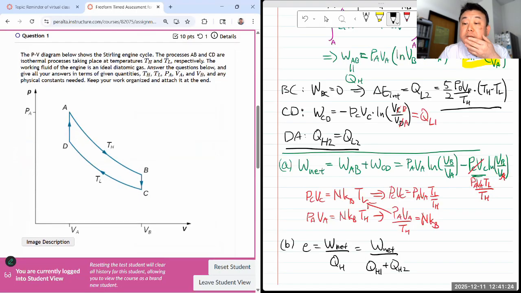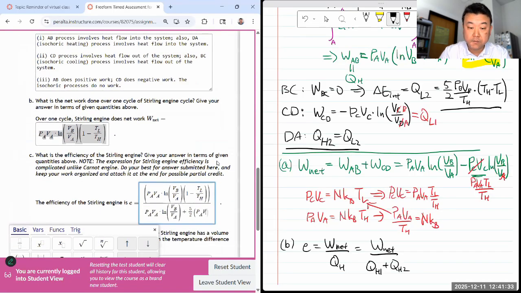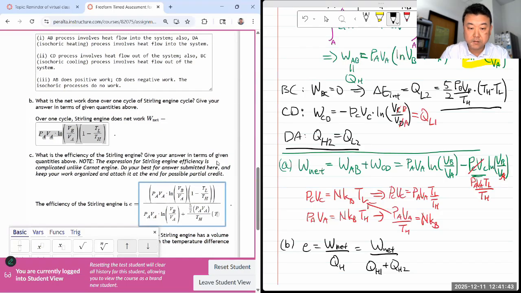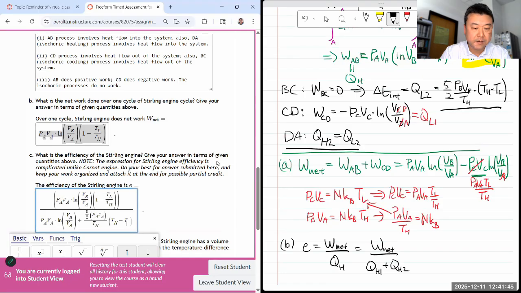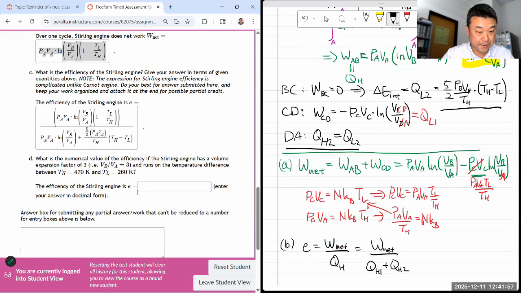So I think PB VB over TH is meant to be nKB, so I can just write that as PA VA over TH. That'll be fine. I'm sure I can simplify more, but let me not. I'm under time limit. So yeah, this is the efficiency of the Stirling engine.